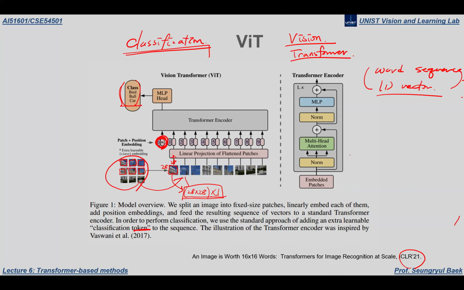And in the Vision Transformer, we will use only the encoder. Originally the transformer has an encoder-decoder architecture, but we will only use the encoder structure. You may already remember that the encoder involves only the self-attention mechanism, not cross-attention. Cross-attention was only in the decoder.